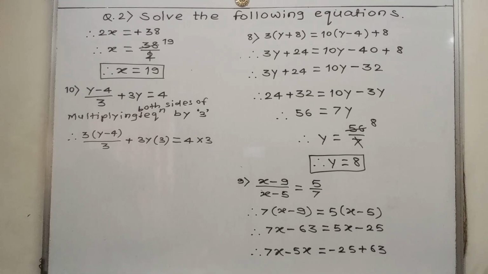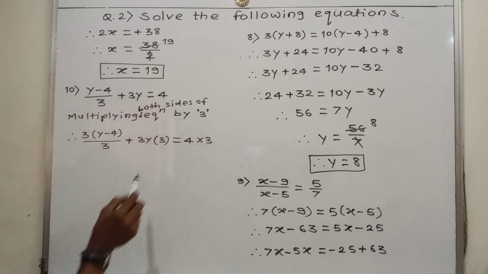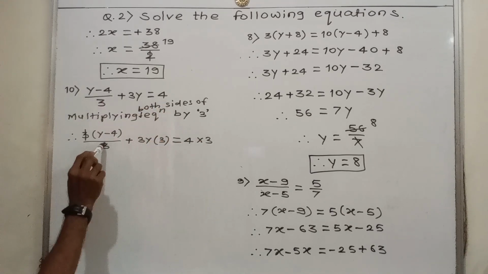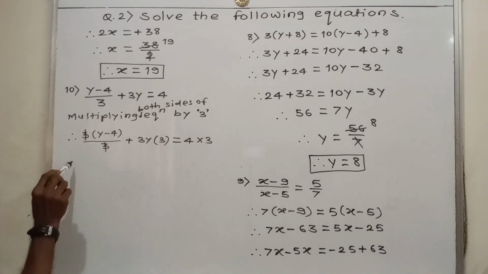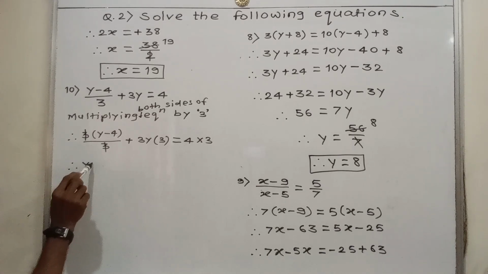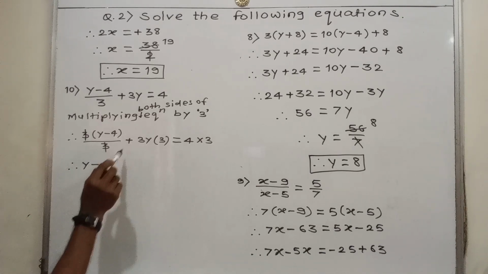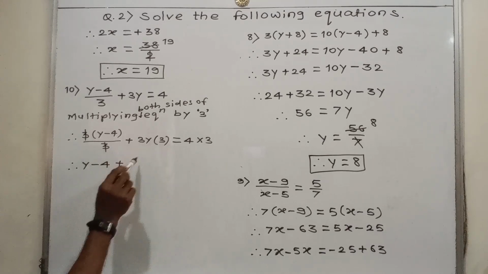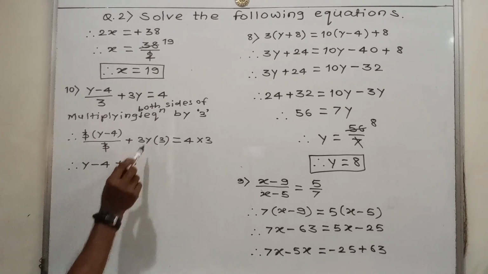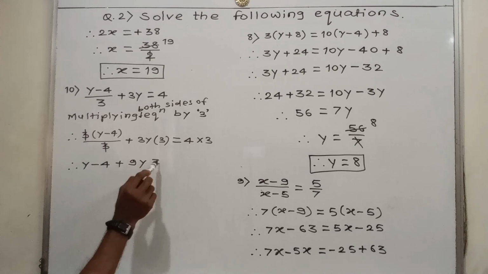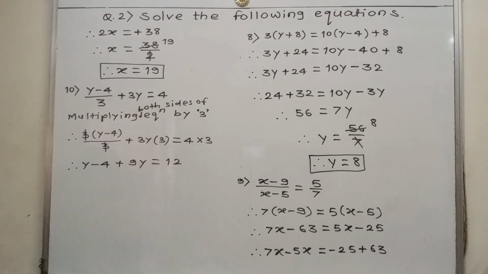Did you get it? We multiply both sides of this equation by 3. See this. 3 cancelled. Therefore, y minus 4 plus 3 into 3y is equal to 4 into 3, 12.